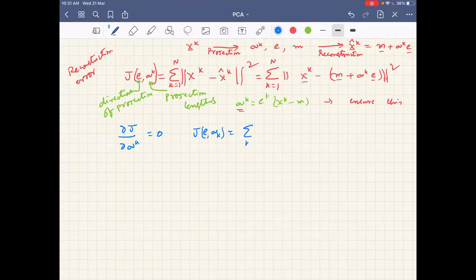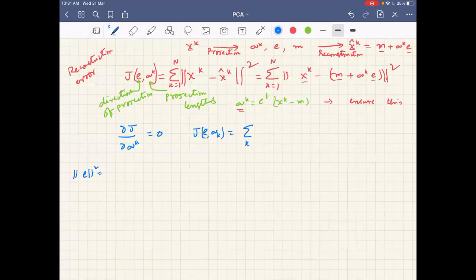Now I want to expand. This is a norm square, the norm of a vector. How should I expand the norm of E squared? You have to square and add all the individual coordinates. That's one way, but I don't want to bring in the element-wise things.